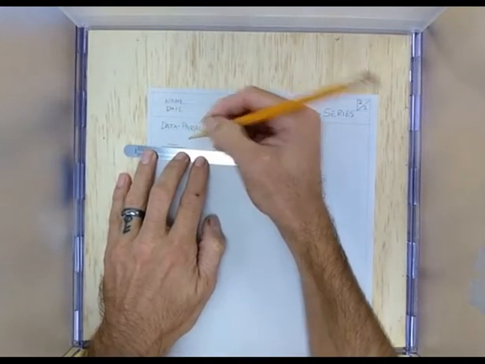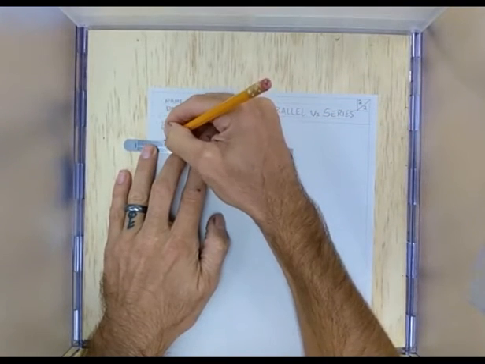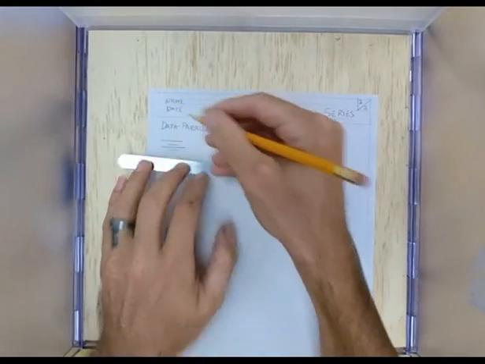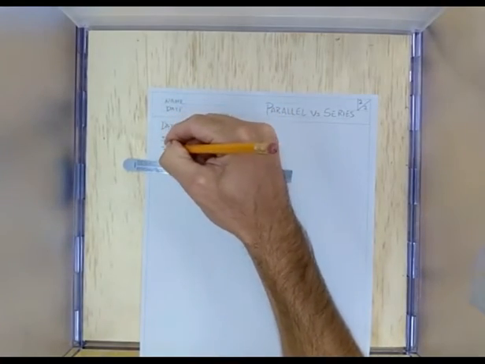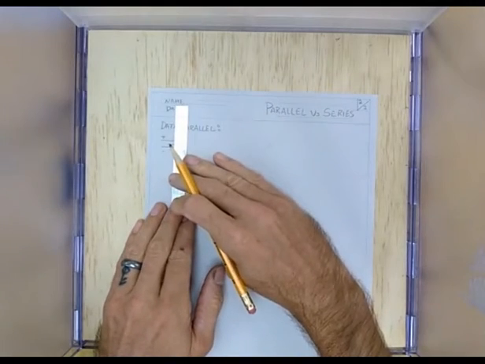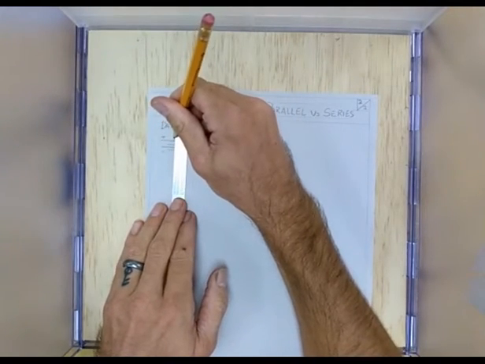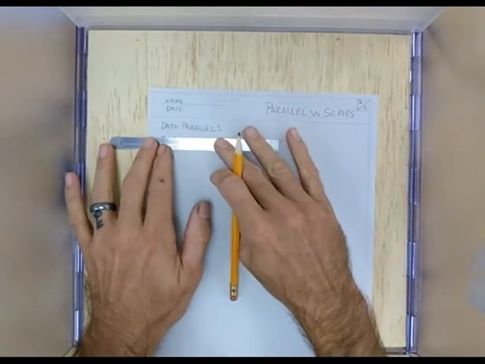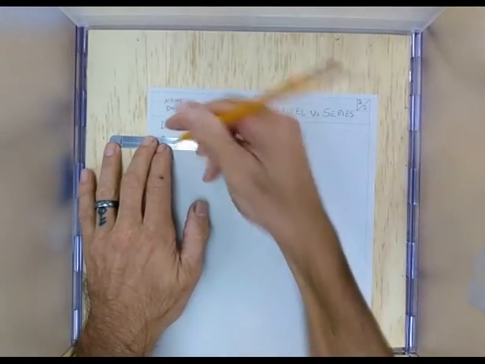I meant to have it long, short, long. There we go. So this is our positive, this is our negative. I'm just going to bring it out just a little bit because I didn't leave myself a lot of space. And we're going to come out this way.